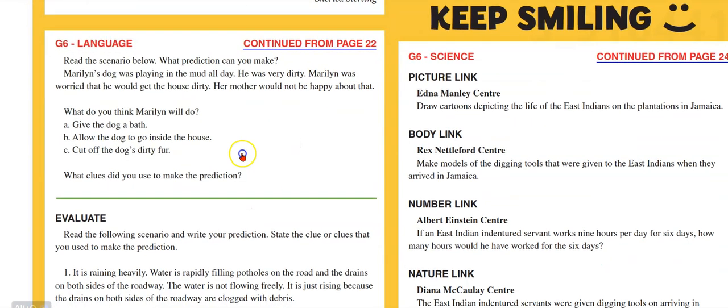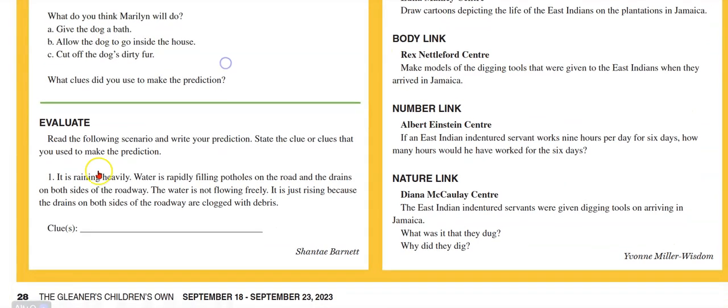All right. Evaluate. Read the following scenario and write your prediction. State the clue or clues that you use to make the prediction. 1. It's raining heavily. Water is rapidly filling potholes on the roads and the drains on both sides of the roadway.